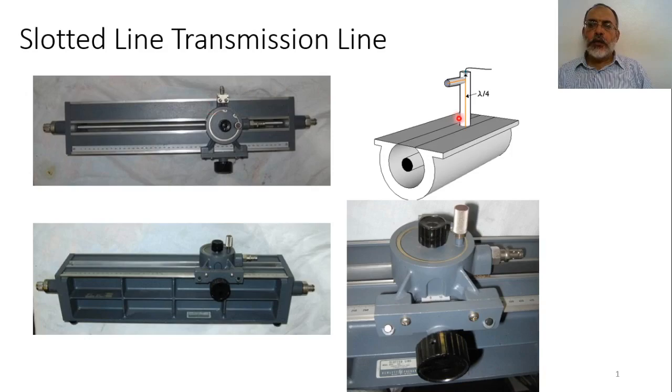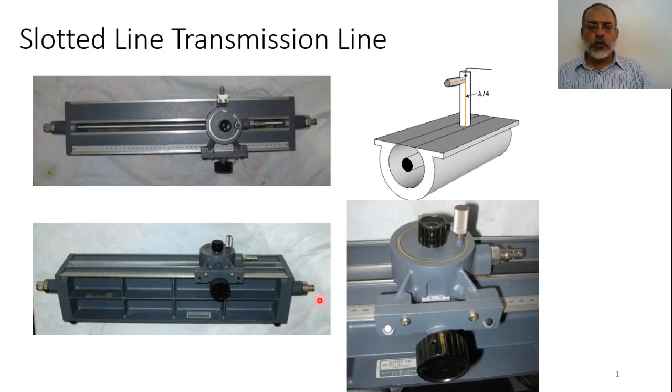To measure the distances, usually we have a graded ruler attached to the detector, and this ruler is attached with a vernier such that we can measure fractions of millimeters. And here we have an input port and an output port, so the source is connected to one port and the load is connected to the other port.